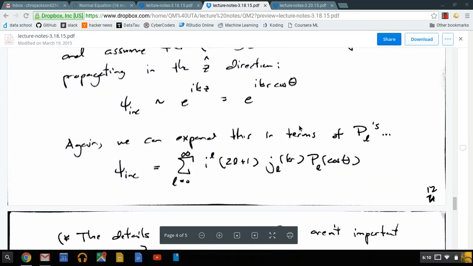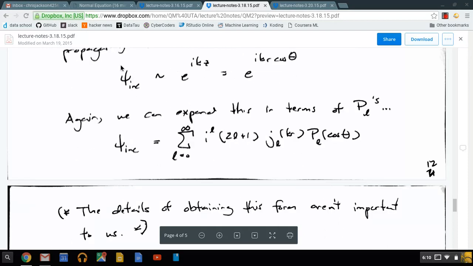And what I can do is rewrite this in terms of Legendre polynomials, just like I did in general before when I said that you can do this for any function. This is one particular example. So I can rewrite this incoming wave, e to the i k r cosine theta, like this.